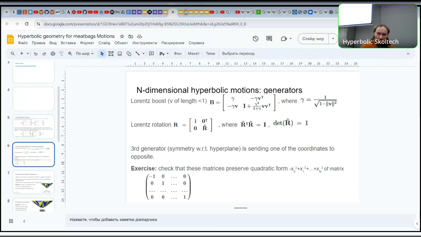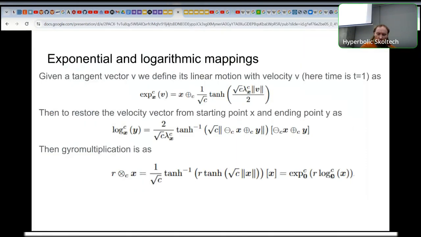I didn't check what the origin is here. The origin of coordinates. Okay. So this is the center of your ball. Okay. Thank you.